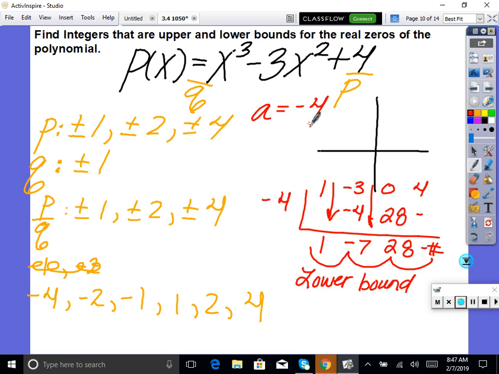It's just that I'm showing you how it would be used, because right now we haven't used it for anything. So then the upper bound would be 4. Do synthetic division with 4: 1, -3, 0, 4. If they all come out positive, positive, positive, positive, it's an upper bound. So your B value is your upper bound. 4 would be an upper bound.